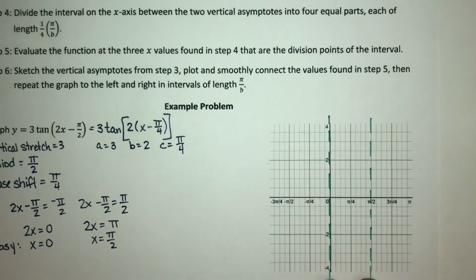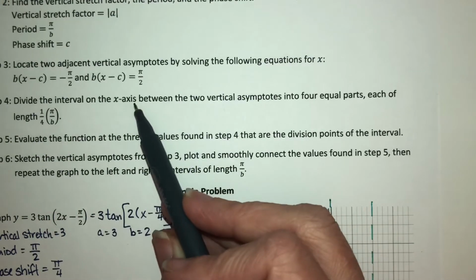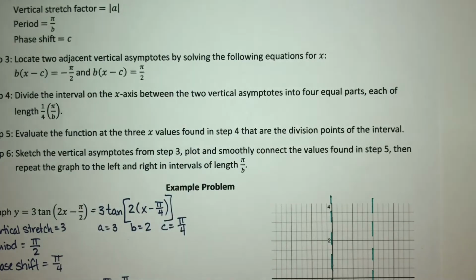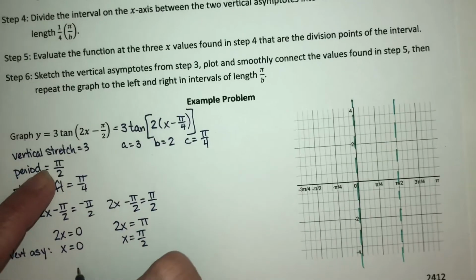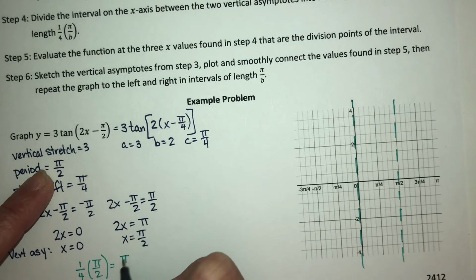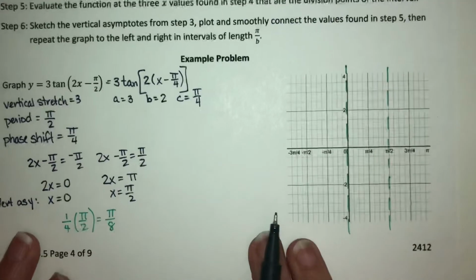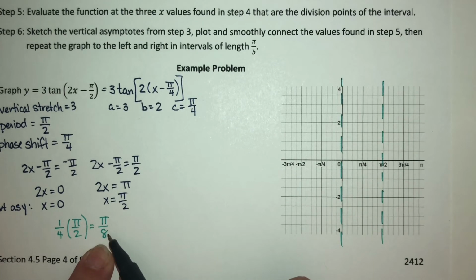All right, so what else do we need to do? We need to divide the interval into 4 equal parts of length 1/4 pi over b. Well, pi over b was pi over 2. If I multiply that by 1/4, I get pi over 8. So basically, I'm going to break this up into pieces that are pi over 8 apart.